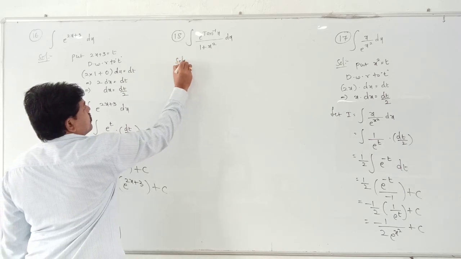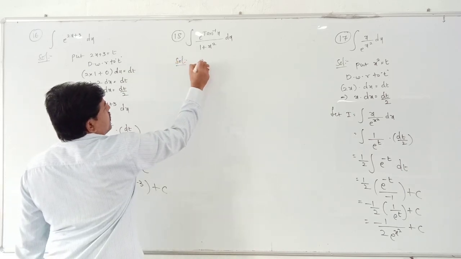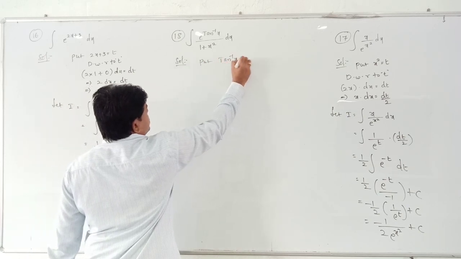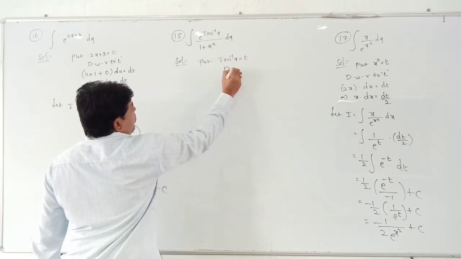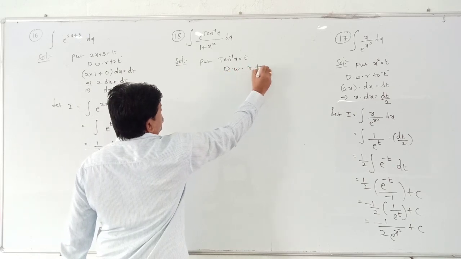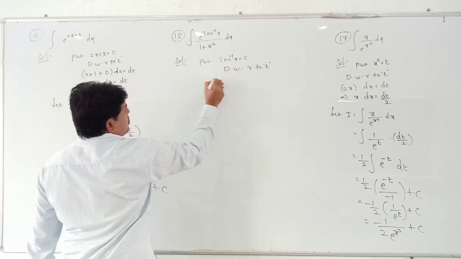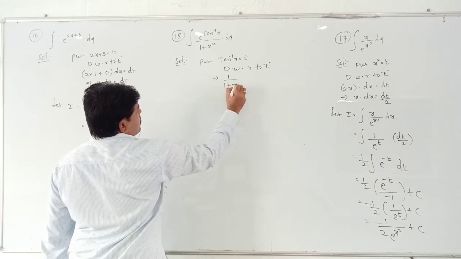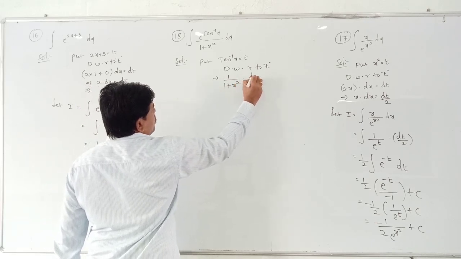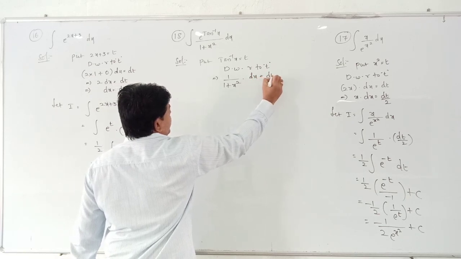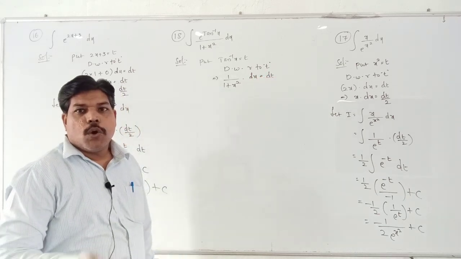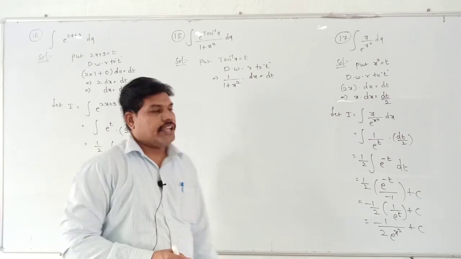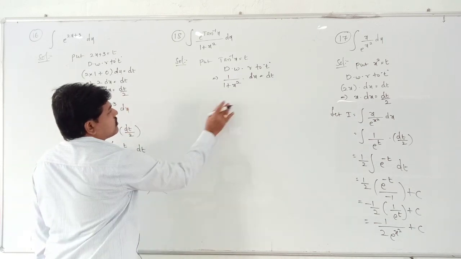See that one. First, what I will take is tan inverse x is equal to t. Differentiate with respect to t, what happens? Tan inverse x derivative is 1 by 1 plus x square into dx is equal to dt. So take the problem here, students.